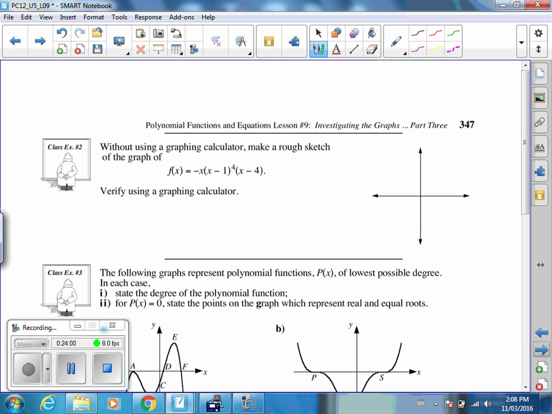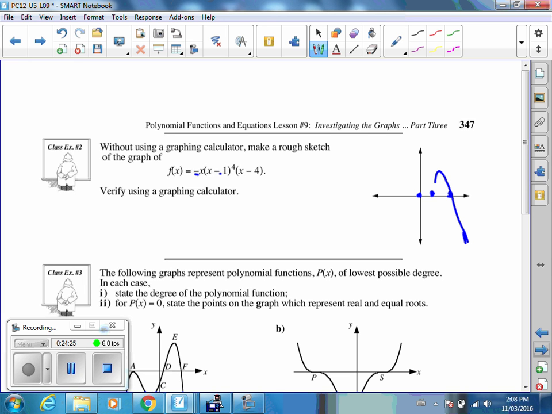Without making a graphing calculator rough sketch. Anyway, 4th degree at 1. It's going to be at x minus 4 and at 0. And it has to have a negative lead coefficient. So it's going to go down here somewhere. This one's a linear, so it's going to come through here.